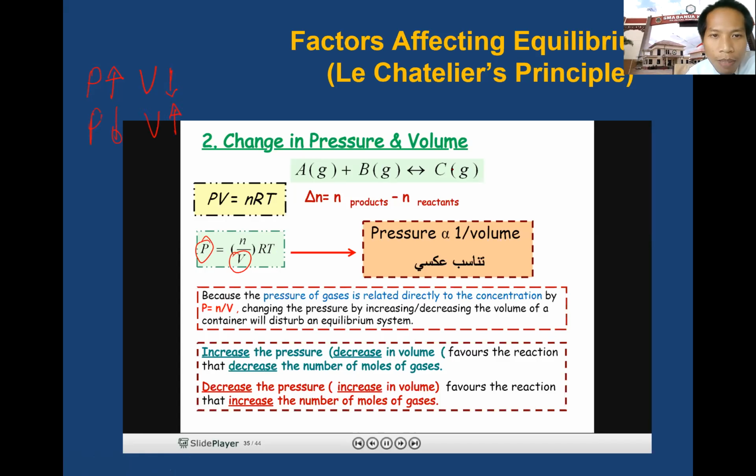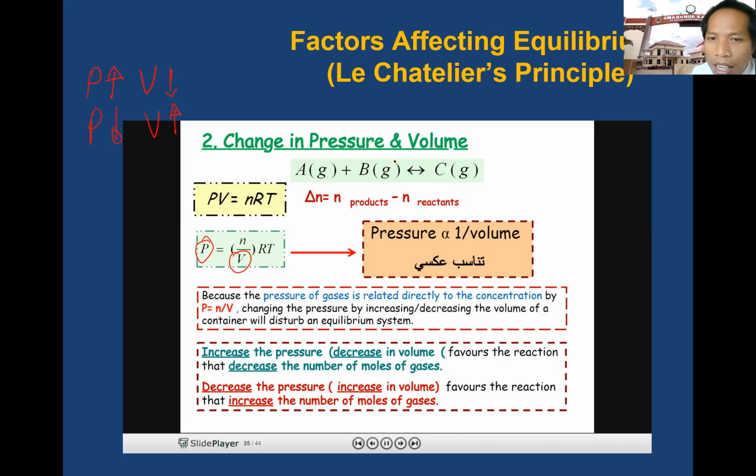Okay, but now what will be the effect? The effect of pressure and volume depends on the number of moles of the reactant and product. How we can calculate the number of moles is very easy. In the reaction, you just sum up the coefficients and you get the total mole.